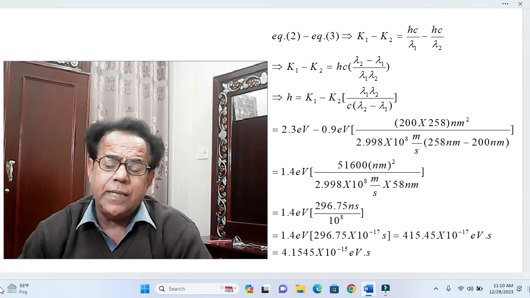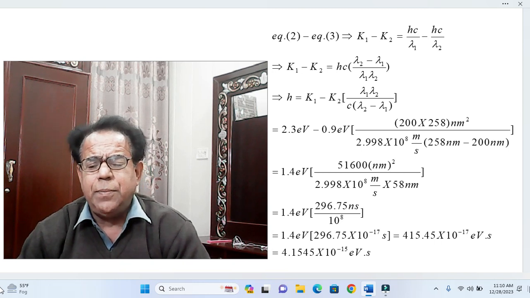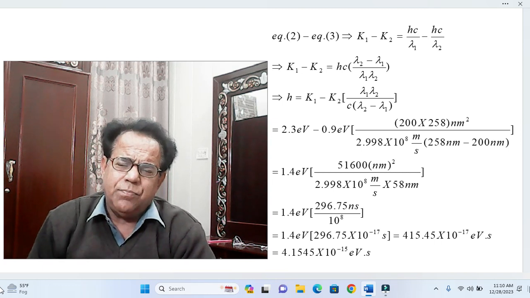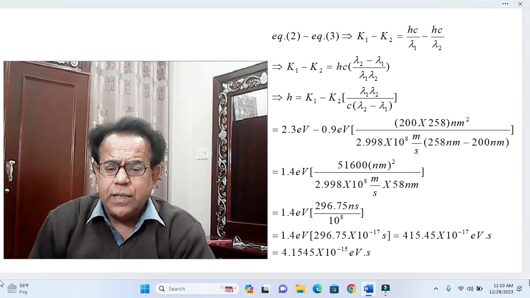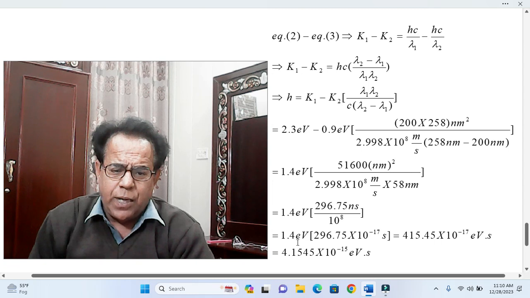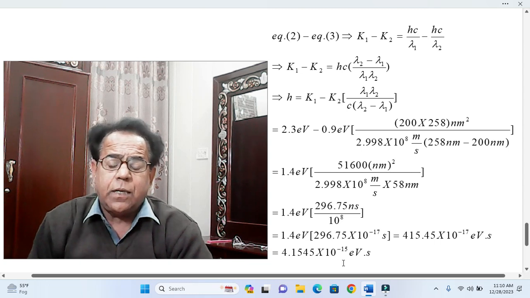These are just simplification steps, and if we explain them, I think it will be a wastage of time, because this mathematics is of almost middle class or secondary school level. So the value of Planck's constant h becomes 4.1545 into 10 raised to the power minus 15 electron volt second.